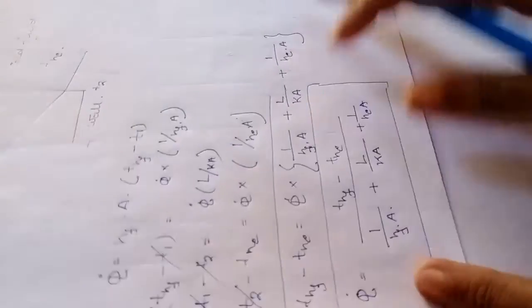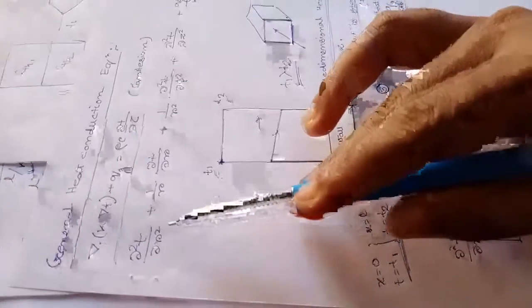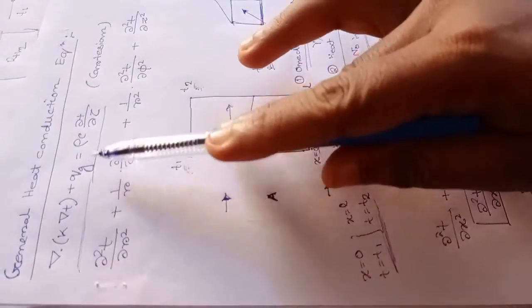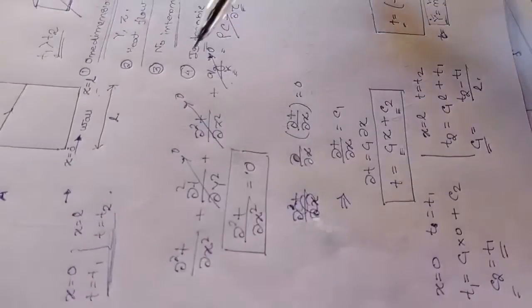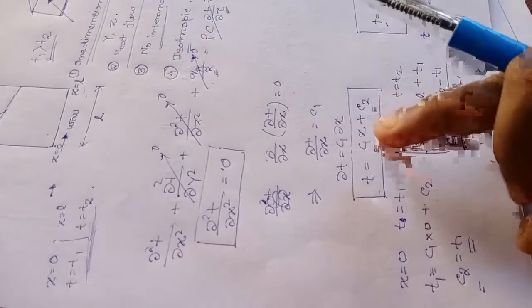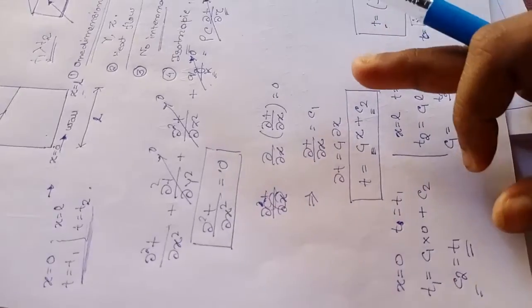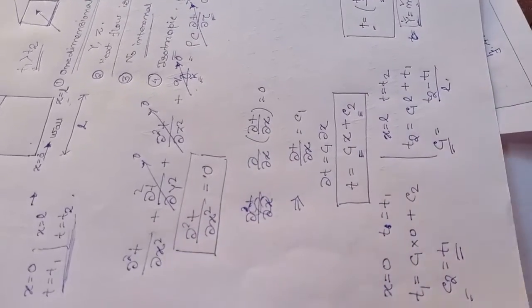Okay, so we have seen today three different equations. The first was the conduction equation, and from there we derived the equation of the temperature profile along the plane wall. One more time I am telling that it is the transfer of heat through a plane wall, which is considered as 1D.